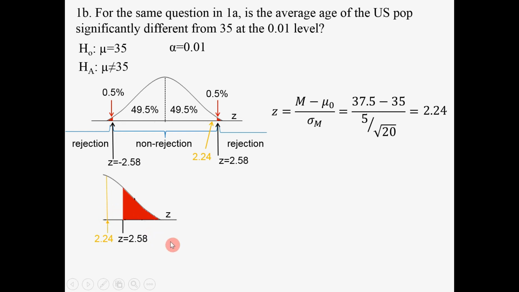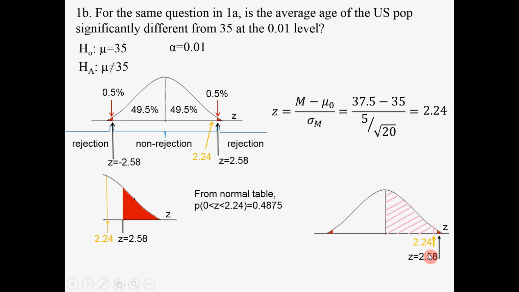We go to the normal table, and we find that the probability for z-score to fall between 0 and 2.24 is 0.4875.